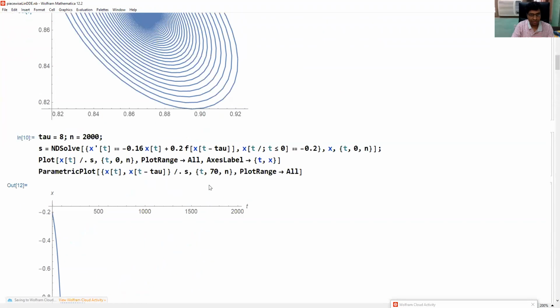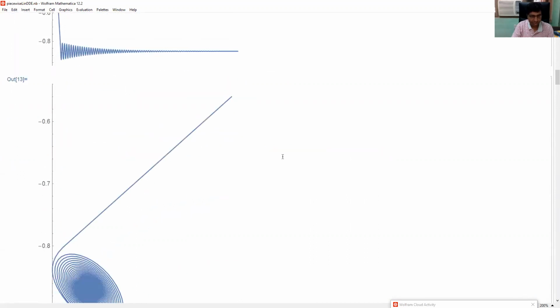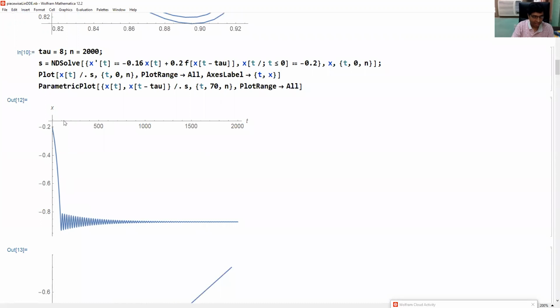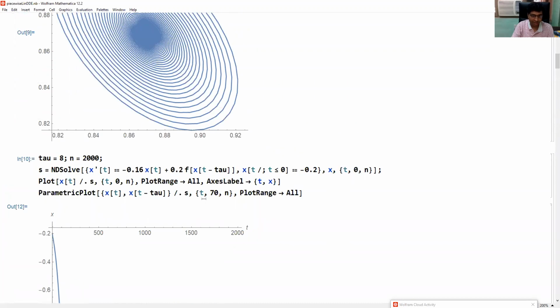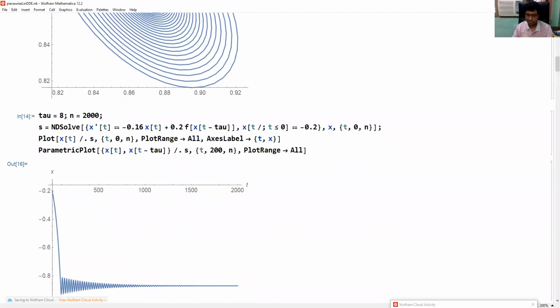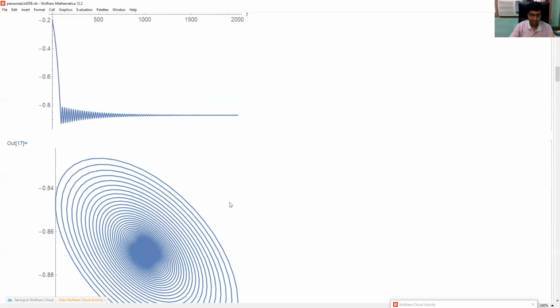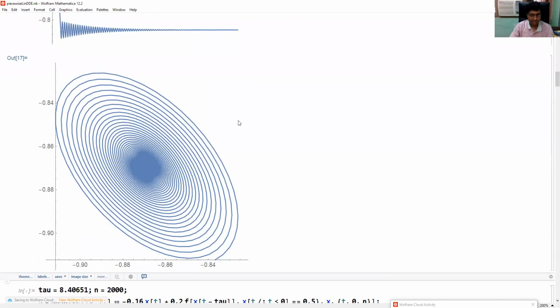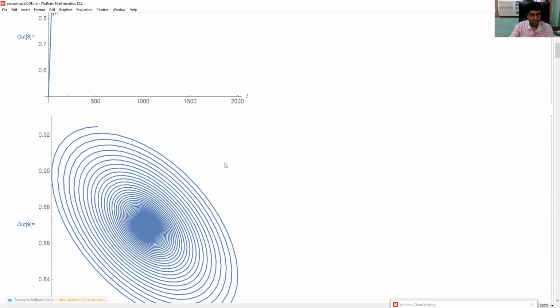Here we need to take, it is very close to 0, x1 star. So 70 is also not sufficient. We may take 200, for example. Okay, so this is a spiral sink in the other case.